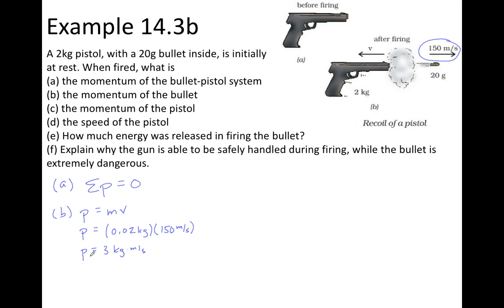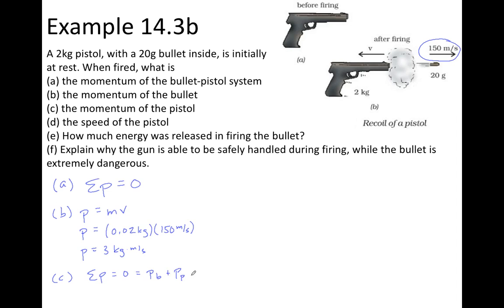So what's going to be the momentum of the pistol? Well, the total momentum, which remember was zero, would be the momentum of the bullet plus the momentum of the pistol. So how can two momenta add up to zero?